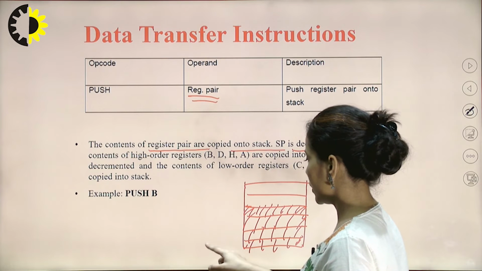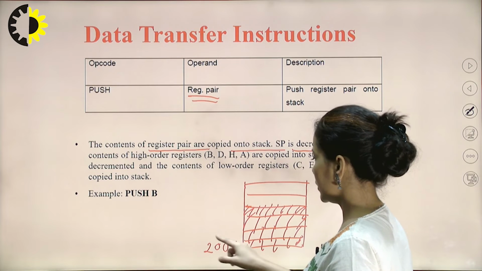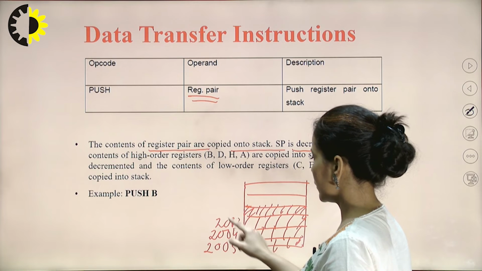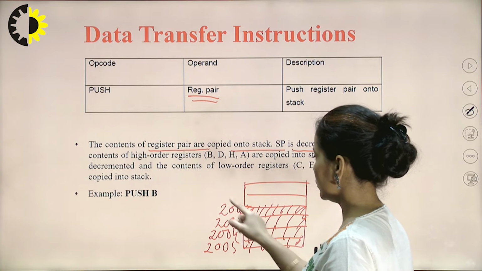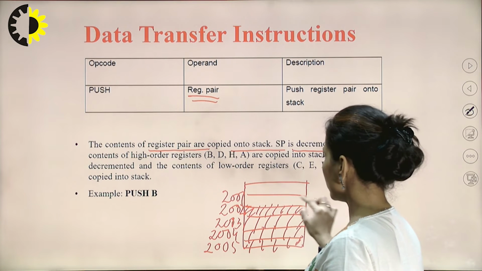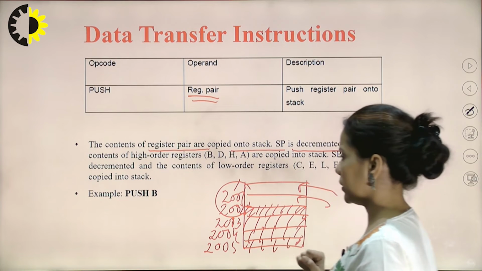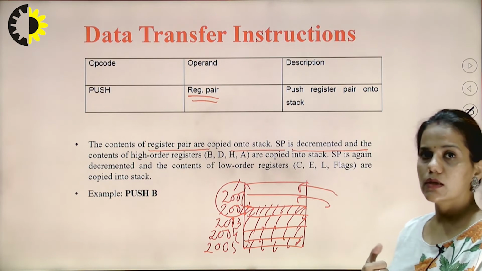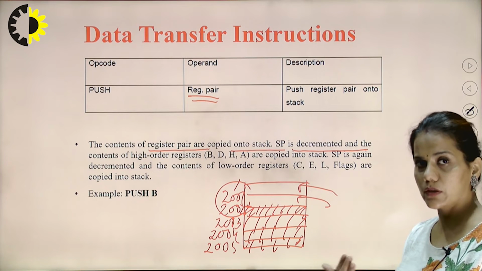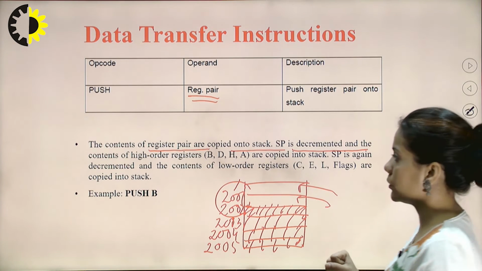Means if this is 2005, then it will be 2004, 2003, 2002, 2001 and so on. So whenever we push something into the stack, the stack pointer is decremented, as we can see here. In this way the contents of the stack pointer go in the opposite direction when we push something into it.